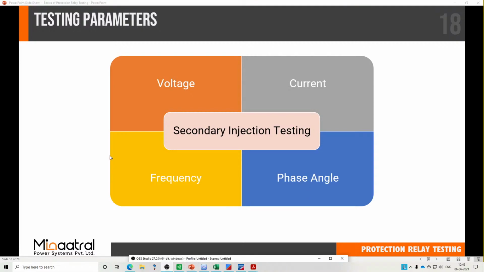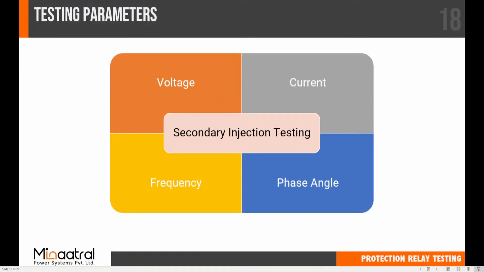Every single protection relay will demand certain parameters, right? The four main parameters that you will be looking at are voltage, current, frequency, and phase angle, right? Voltage, current, frequency, and phase angle can give you any kind of parameter that you would want, right?